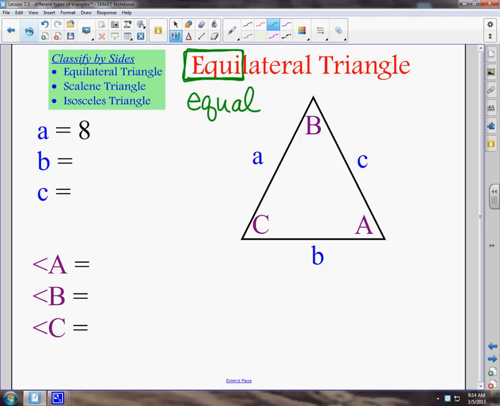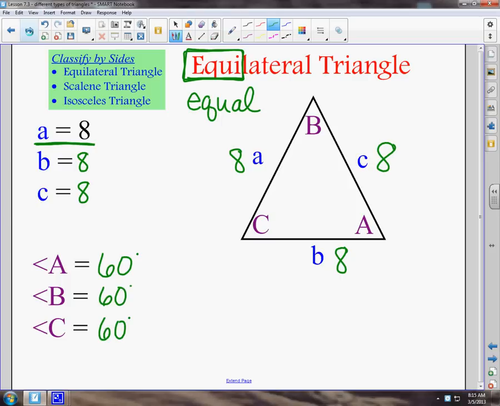So if A is 8, then B is 8 and C is 8. They're all the same. If angle A is 60, that means B is 60 and C is 60. So this is an equilateral triangle.